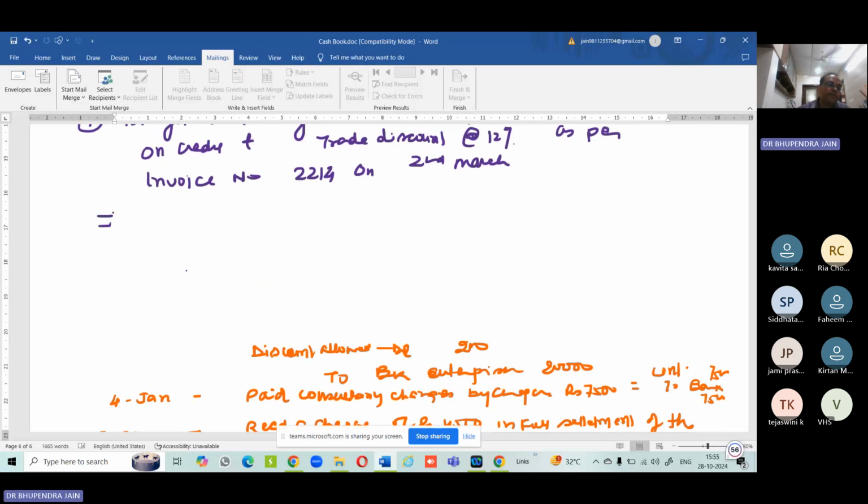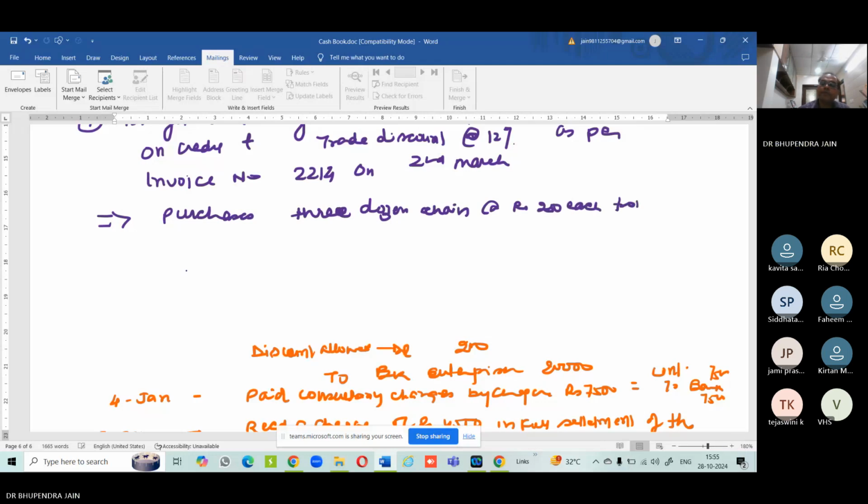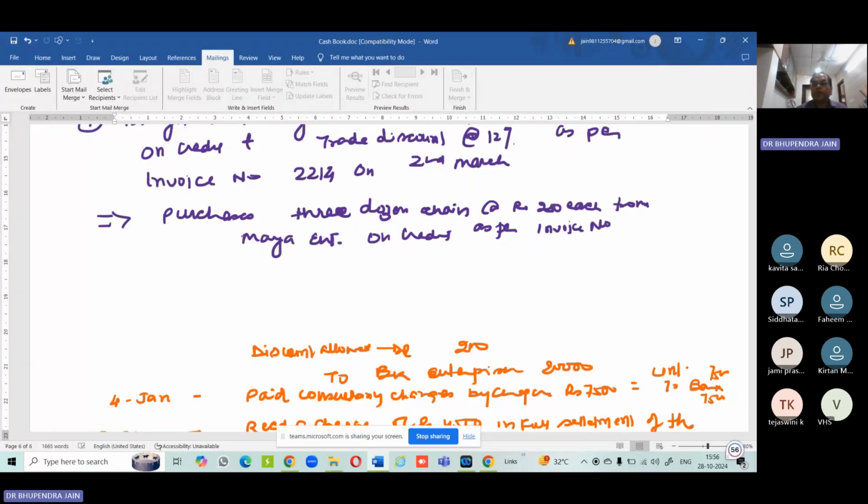Next, again, purchase 3 dozen chairs at the rate of rupees 250 each from Maya Enterprises on credit as per invoice number 2414 on 15th of March.